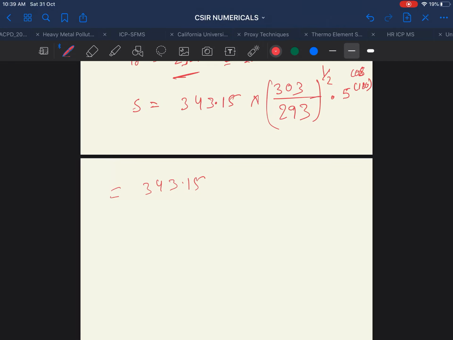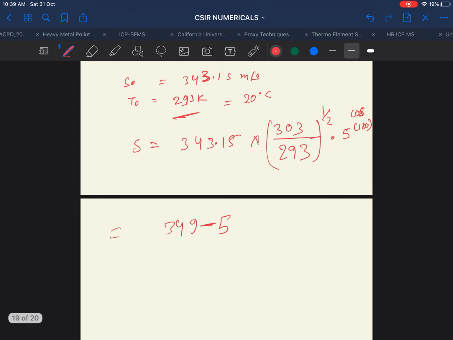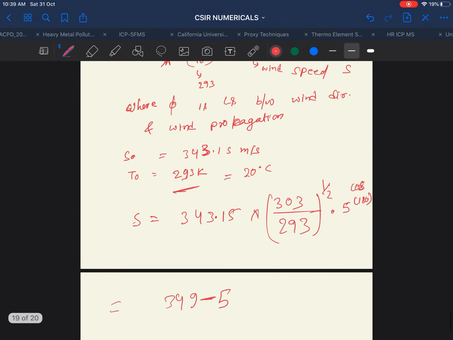When you solve this, just by solving, you will get 349 point minus 5. You can solve it. Okay, you will get the same value. Actually here there is a plus, this is your plus. The value of cos 180 will be -1, so 5 becomes -5.